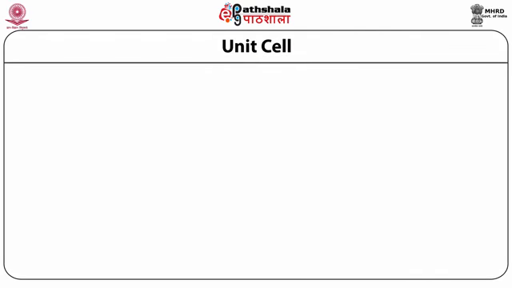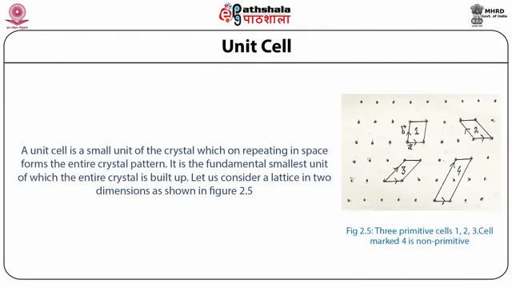We will discuss unit cell. A unit cell is a small unit of the crystal which, on repeating in space, forms the entire crystal pattern. It is the fundamental smallest unit of which the entire crystal is built up.